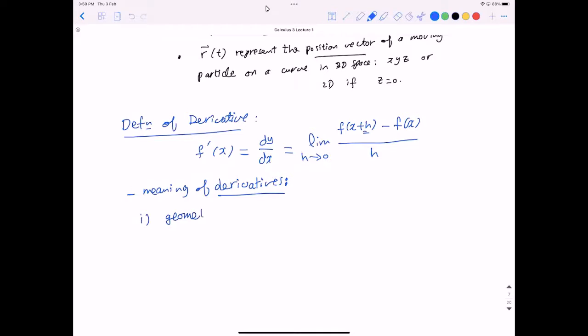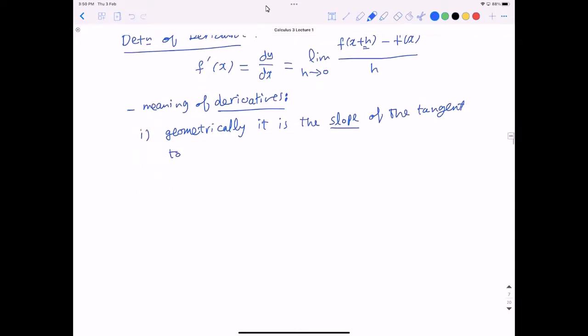Geometrically, this is easy. It is what? Slope, yes. Slope, tangent, exactly. At a given point, it is the slope of the tangent to the curve of this function at the given point.